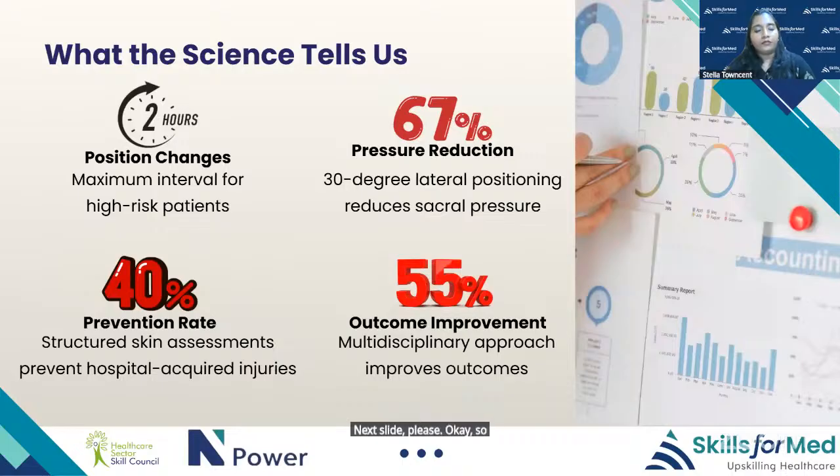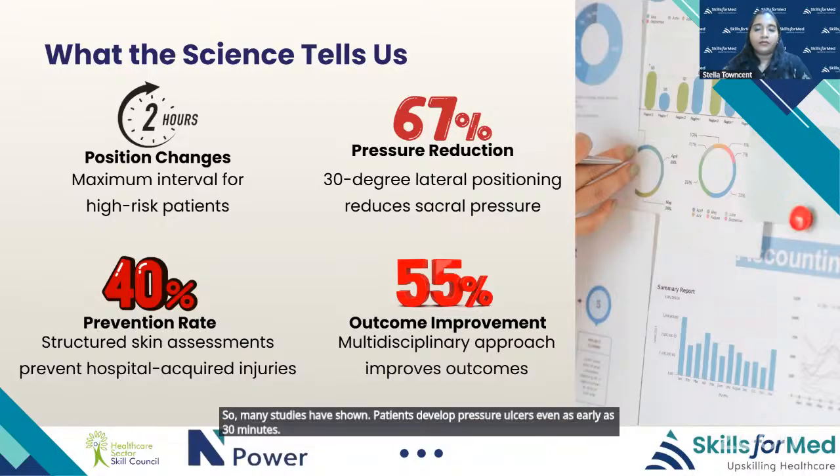Okay, so let's get into, actually, what is the importance of turning and how pressure reduction prevents ulcers. So 2 hour, why is this 2 hour? The 2 hour position change is the maximum interval for high risk patients. Many studies have shown patients develop pressure ulcers even as early as 30 minutes after in a particular position.